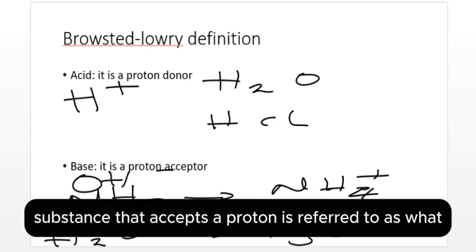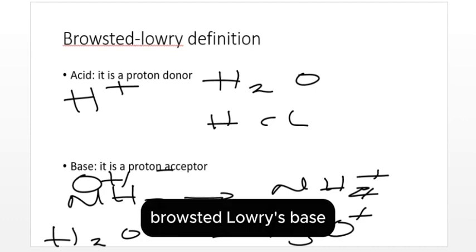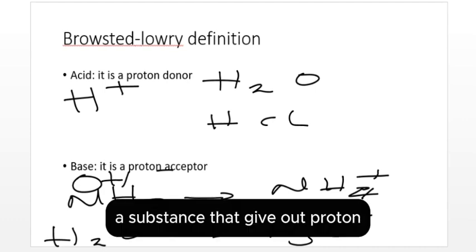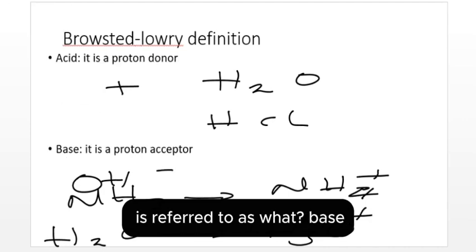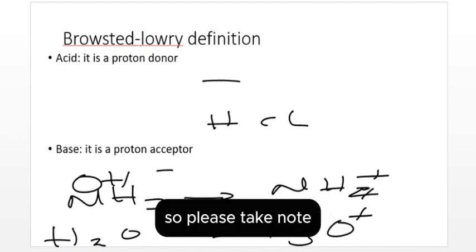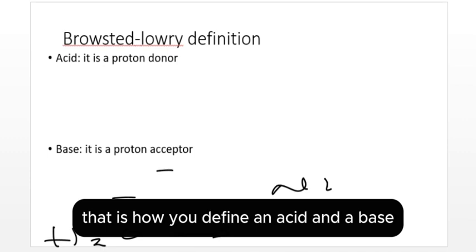So any substance that accepts a proton is a Bronsted-Lowry base, while a substance that gives out a proton is an acid. Please take note: proton donor, proton acceptor. That is how you define an acid and a base.